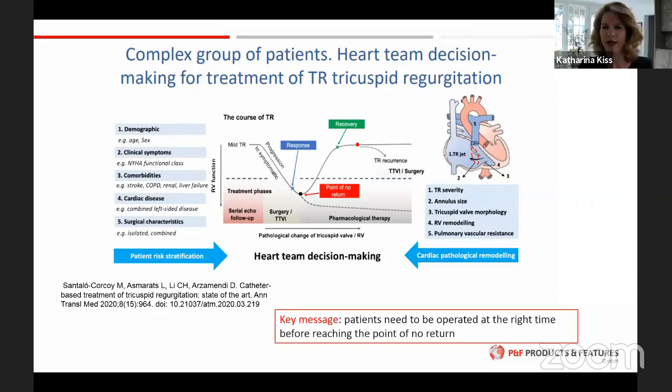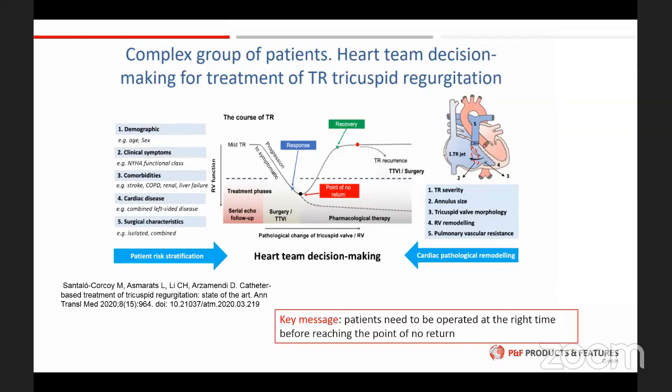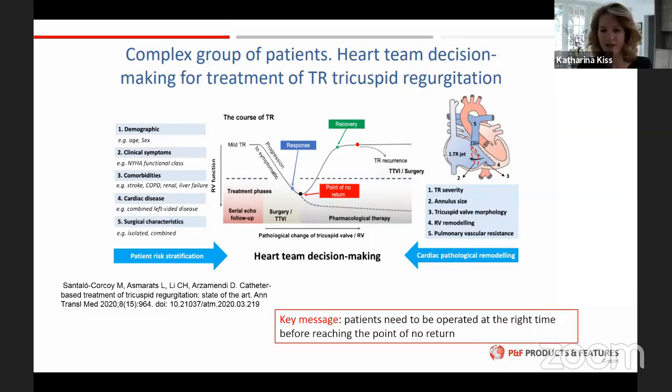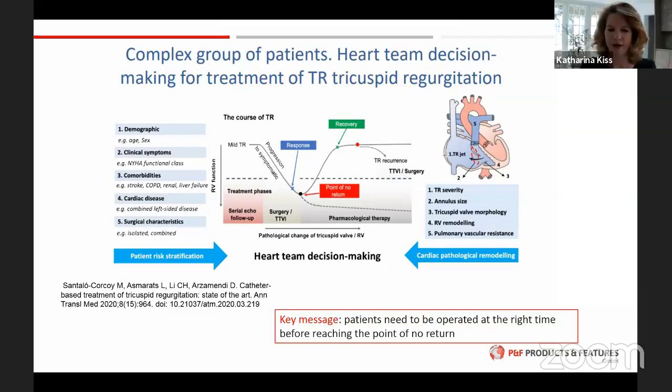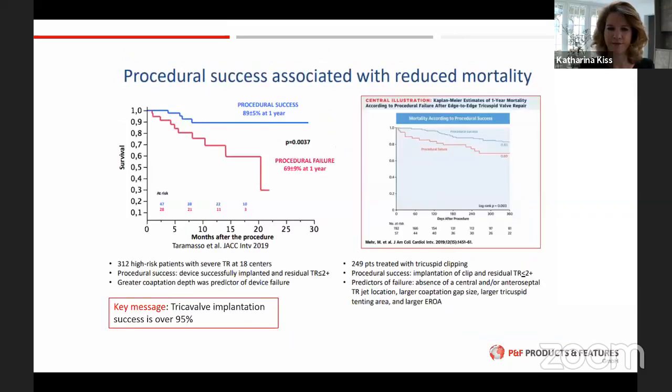Now we wait for the patient to become severely symptomatic, until he cannot respond to diuretics anymore. So this is important to keep in mind for the heart team decision making.